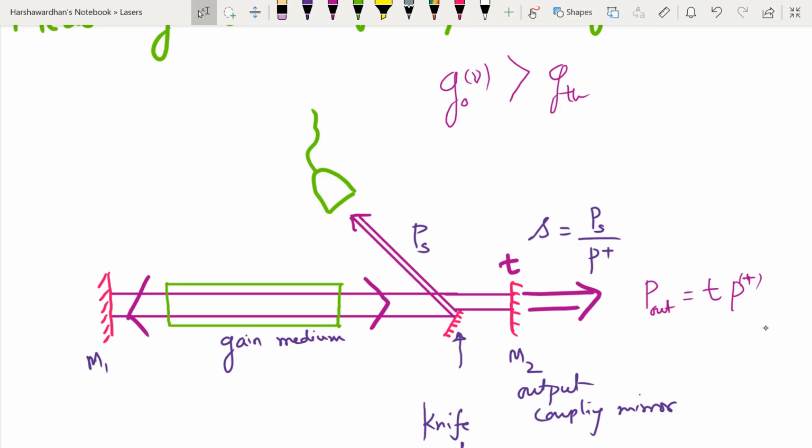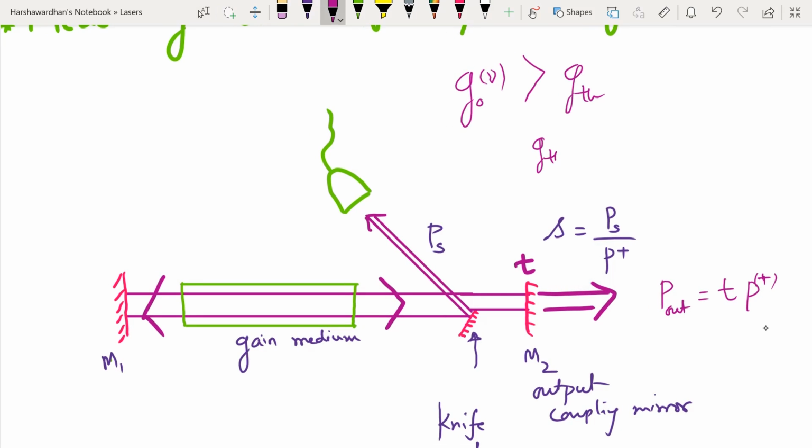And because we now know G threshold, it is simply 1 over 2L times T plus S. The T is known. We might distinguish between an intrinsic S, which might be there in the system without the knife edge, plus another S, which is arising from the knife edge.